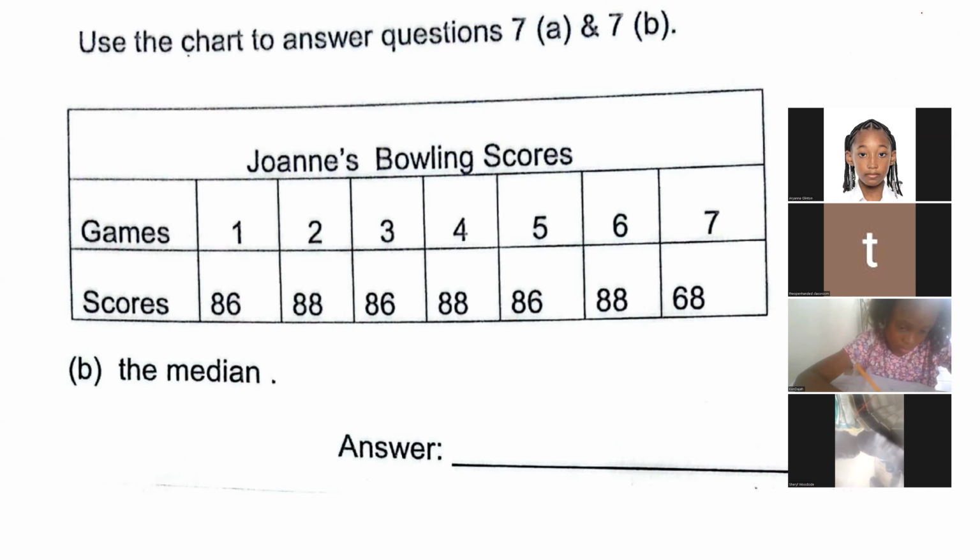So you arrange the numbers from least to greatest and you circle the middle number. Mr. Petit, are you writing all the numbers, the game and the scores, or just the scores? Just the scores. Okay. So the median, let's write down what the median is first before we do anything.